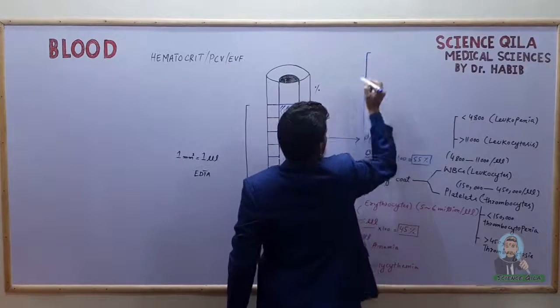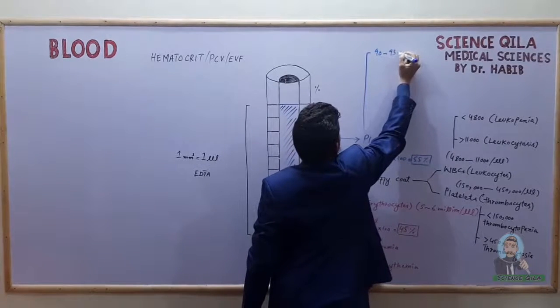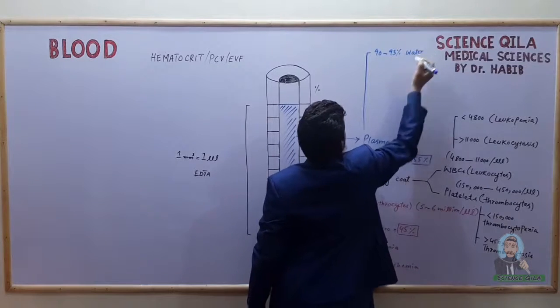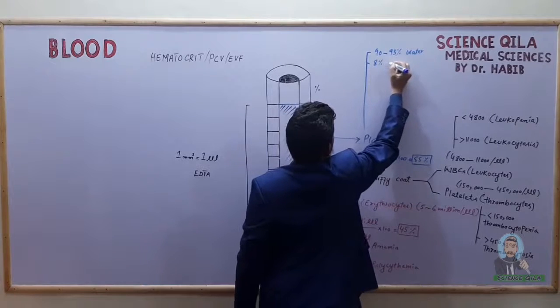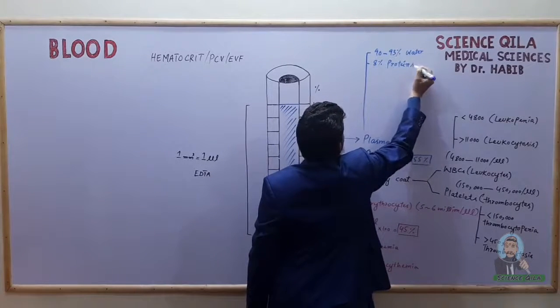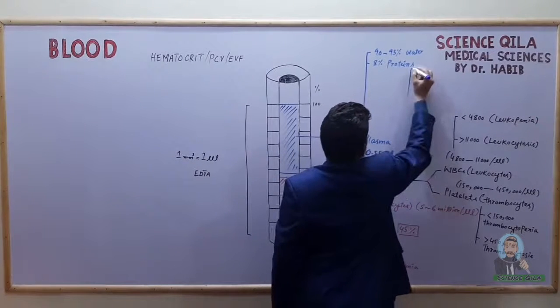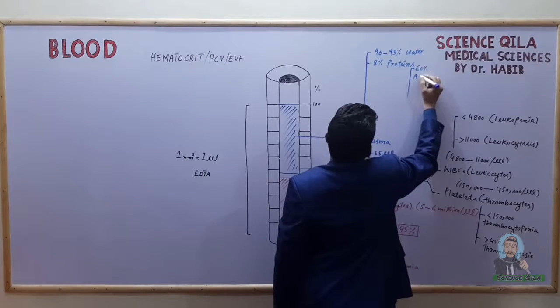Plasma is composed of 90 to 93% water, and we have 8% proteins. We call them plasma proteins. Out of these proteins we have 60% albumin, a transport protein.